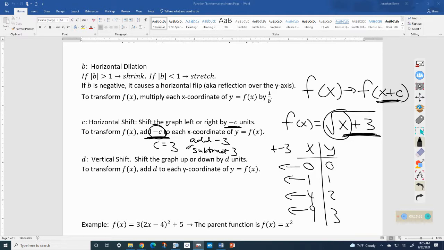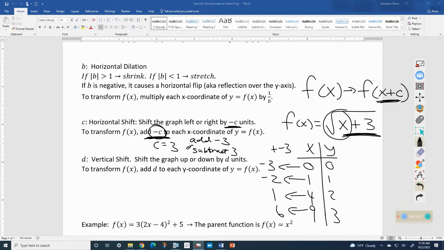So 0 minus 3 is what? Negative 3. 1 minus 3 is negative 2. 4 minus 3 is 1. And 9 minus 3 is 6.